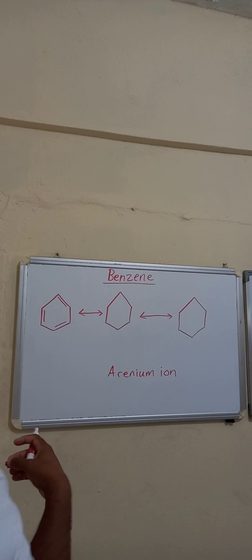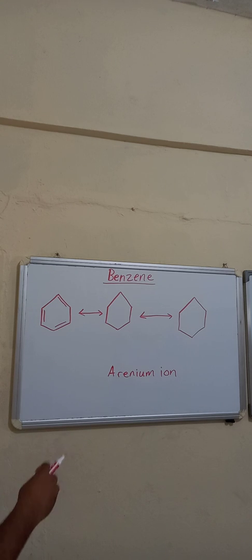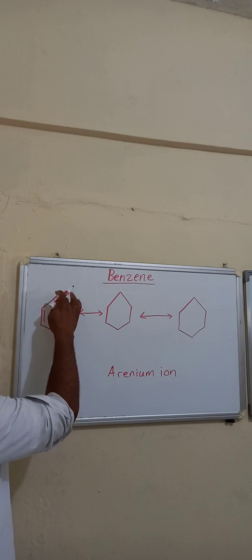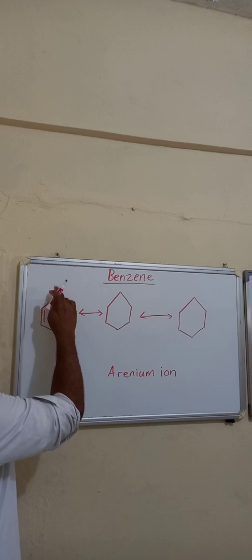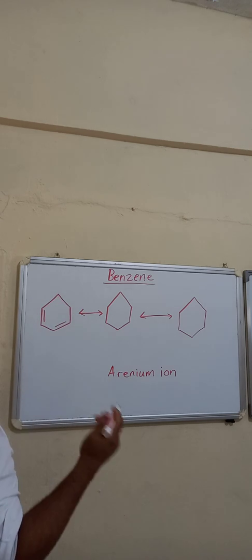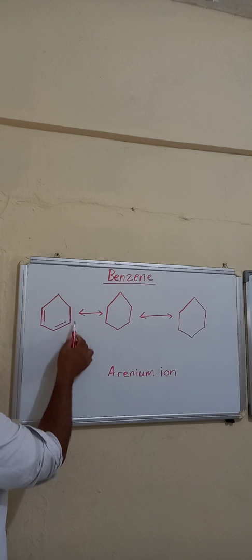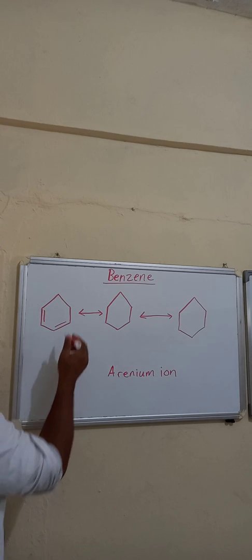Alright, so the final thing we're going to look at for this part of benzene is what happens when it actually reacts with an electrophile. So we know that, let's say this bond will break, right? Now bear in mind again that a hydrogen is at each position.